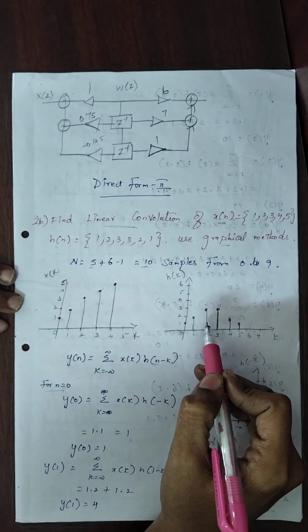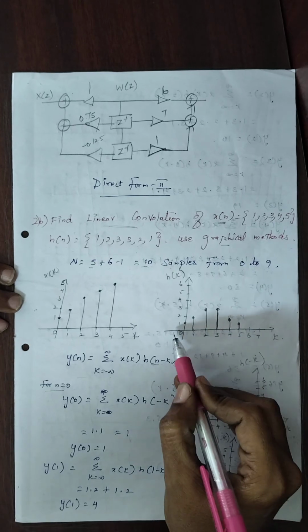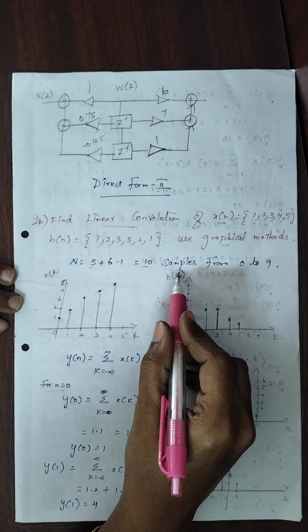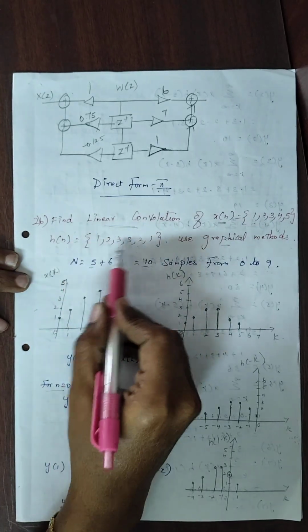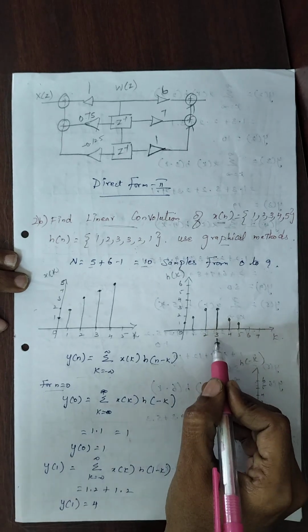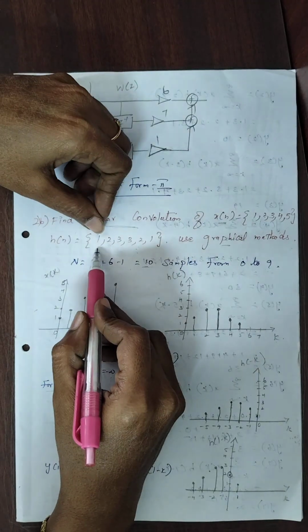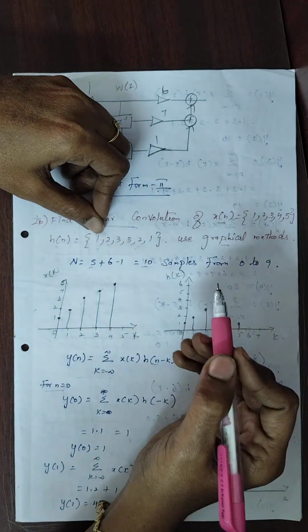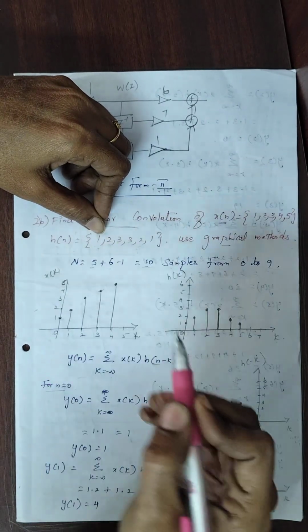Now h of n, graphical method: x-axis k, and h of k on the y-axis. We have 6 samples, 0, 1, 2, 3, 4, 5. Here no arrow mark is given, so the first value is at 0.